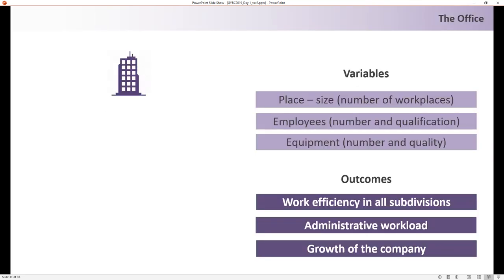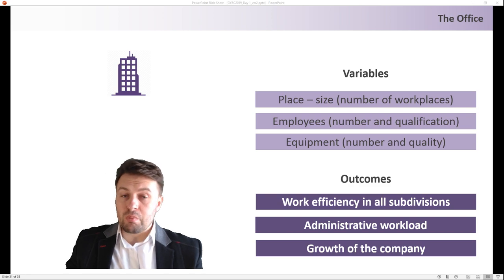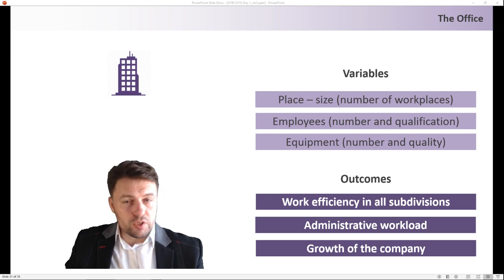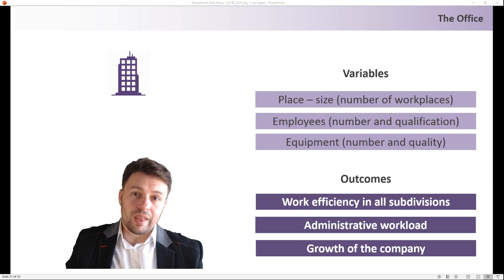Now, the office. As you already heard in a small introduction, don't forget, the office is quite essential, not only to manage the company, but also to grow the business, as well as to create brand value. If you want to open a new subdivision in the same territory where you have an office, then it's okay. But if you want to open, let's say, a store in a different country, you will need to open an office in that specific country, and then you'll be able to open a store.